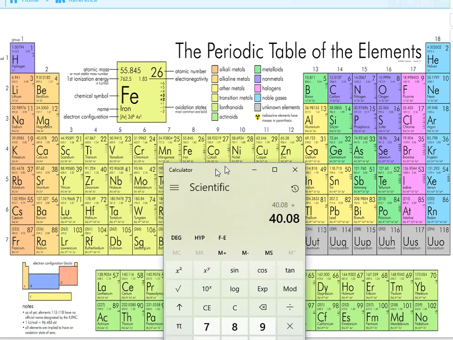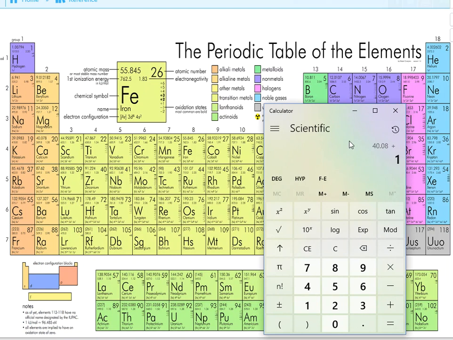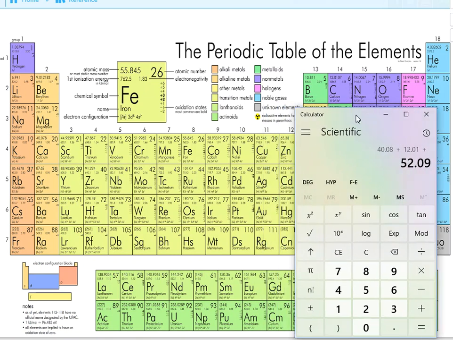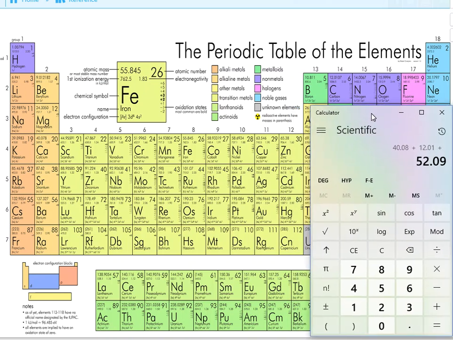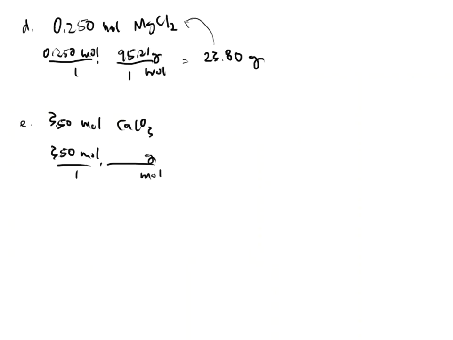The next one is a carbon, so 12.01. And then O3, CaCO3, right? So I've got 3 oxygens in total. So there's 16, 16, and 16. So the formula weight is 100.09. So 100.09 grams in 1 mole.